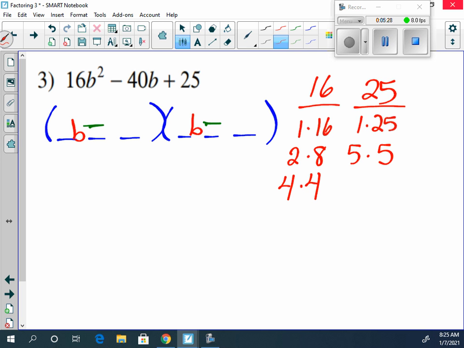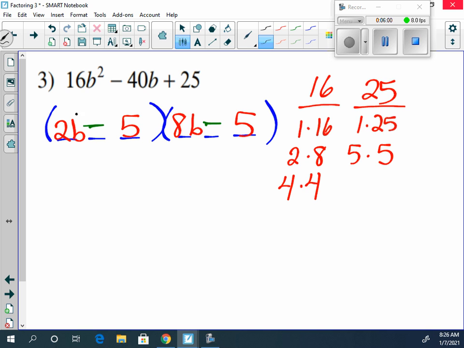So looking at these sets of factors, for the first set of factors, for 16, which ones do we want to try first? 1 and 16, 2 and 8, or 4 and 4? How about 25? 1 and 25 or 5 and 5? Let's try 5 and 5.